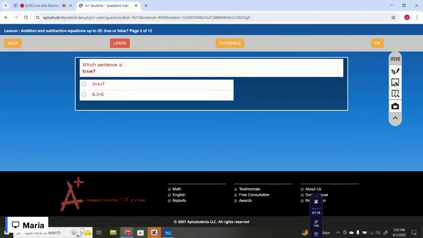Which sentence is true? Option number 1 is the correct option. That is 3 plus 4 equals 7.